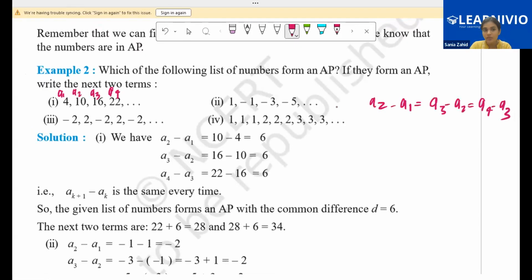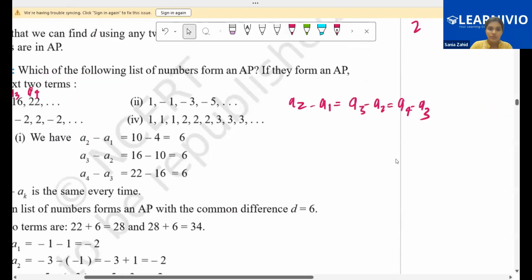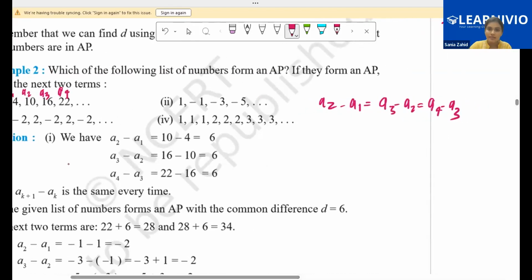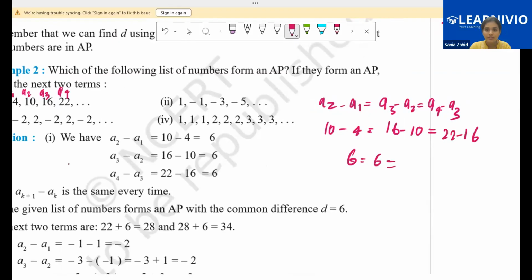If it is equal, then only the given progression is AP. So you will calculate this value. We have 10 minus 4 is 6. Then 16 minus 10, again 6. 22 minus 16, again 6. Right? So write 6 is equal to 6 is equal to 6. Thus the common difference is 6 and thus it forms an AP.